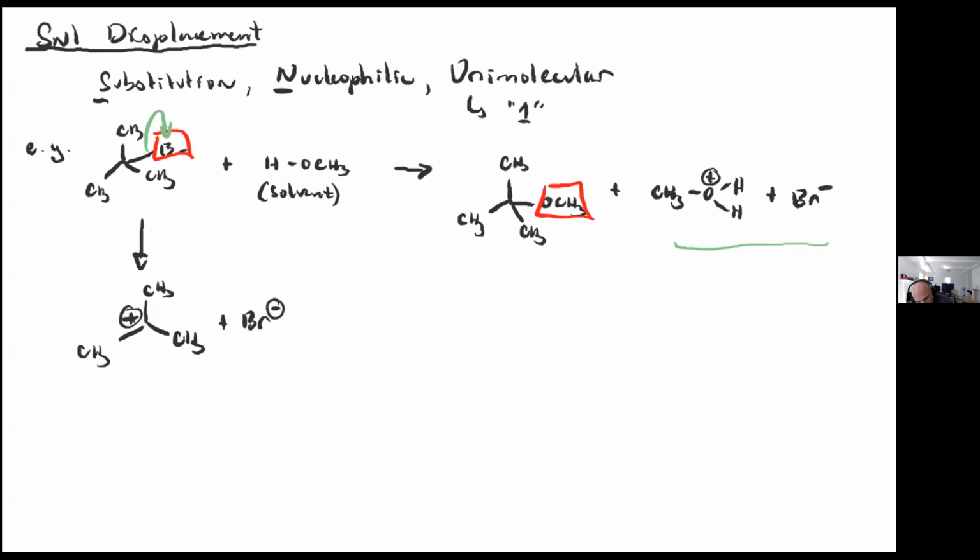And then I'm in methanol solvent, so my methanol is going to come along and trap that carbocation. So we can take a lone pair, have it attack, and what you end up with is essentially the protonated product.